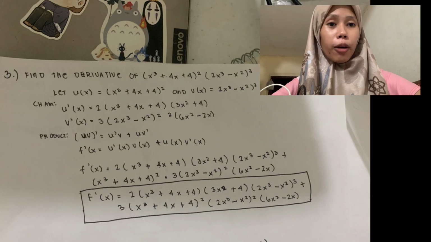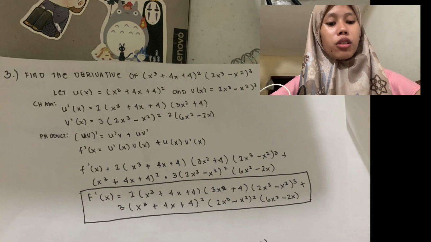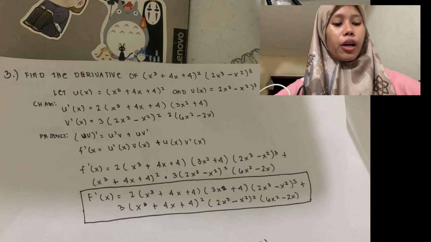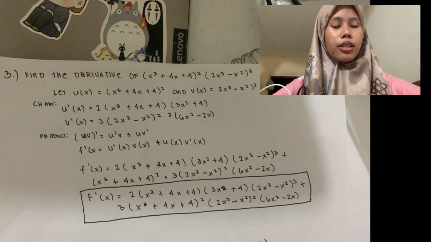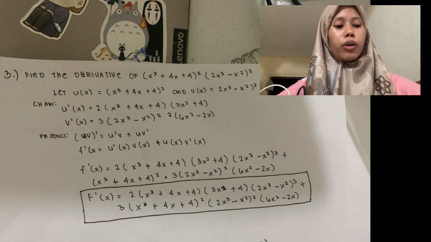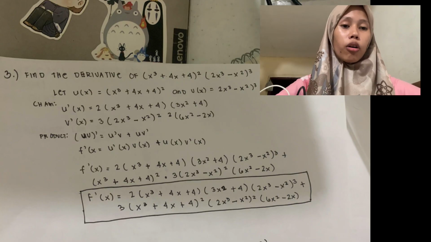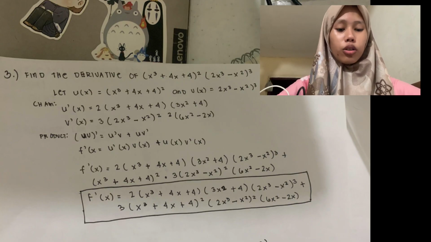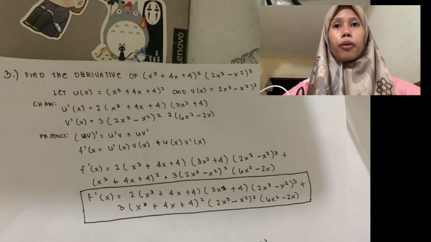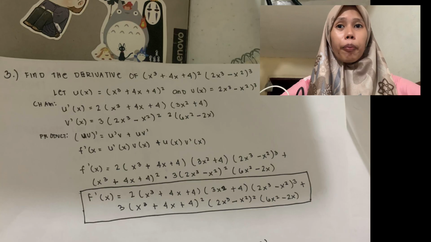Okay, so for number 4, the problem is find the derivative of (x cubed plus 4x plus 4) squared times (2x cubed minus x squared) exponent of 3. So for this we will use the product rule and the chain rule.